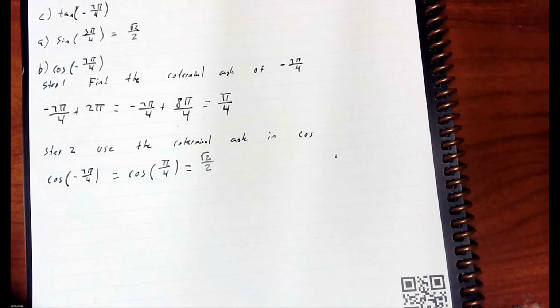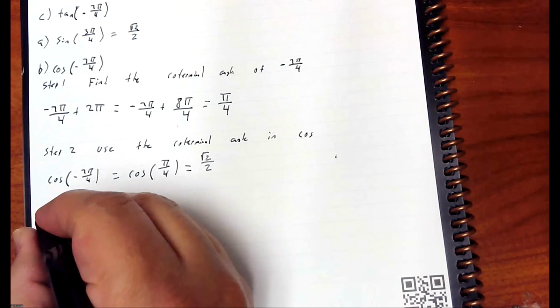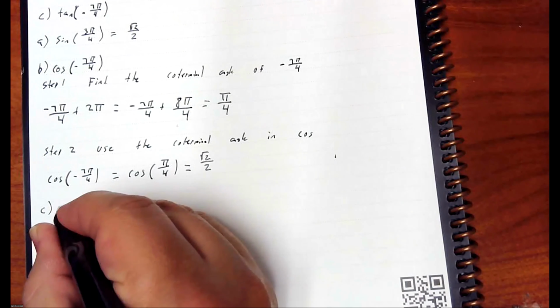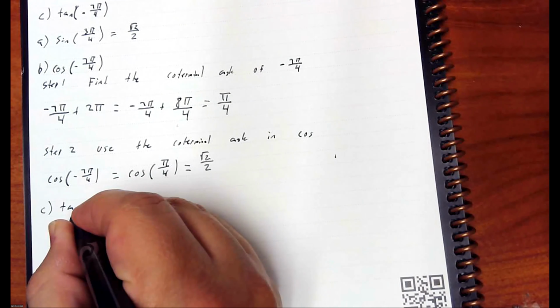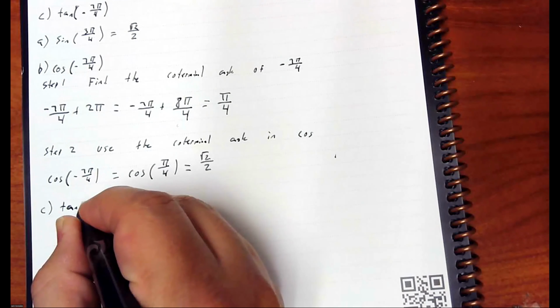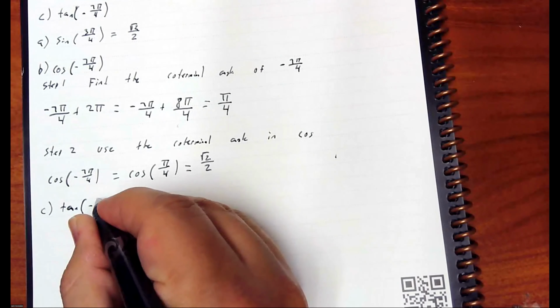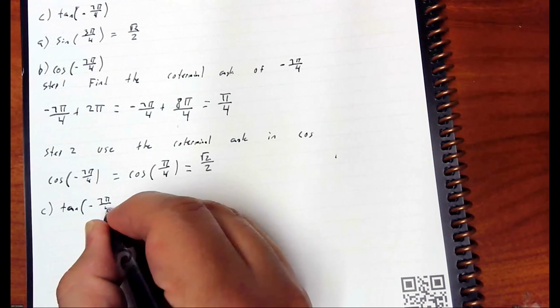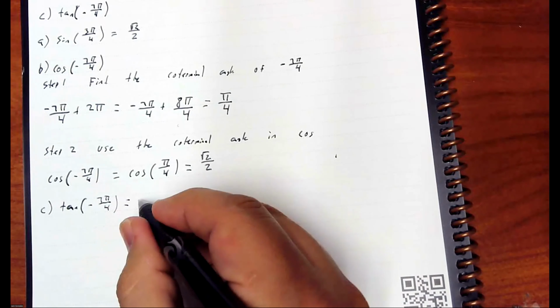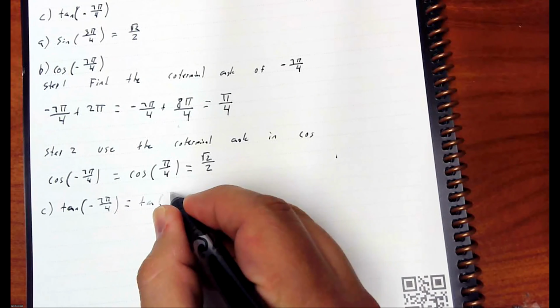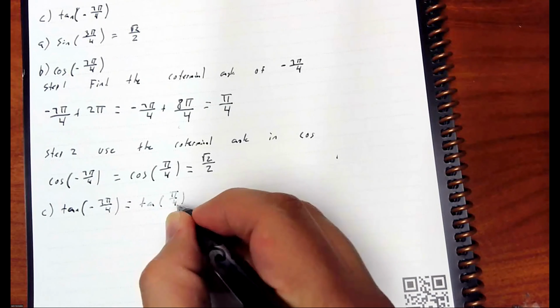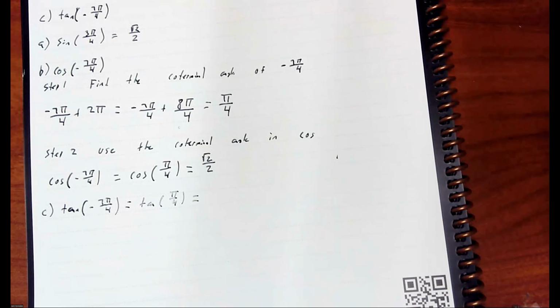We had one more, right? Was there a C or no? Yeah. Part C, since it was the same negative angle, we could just go ahead and use it. What is tangent of pi over 4? For both, you did negative 7 pi.